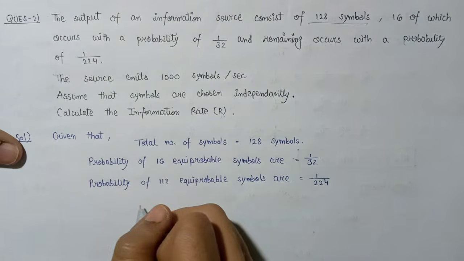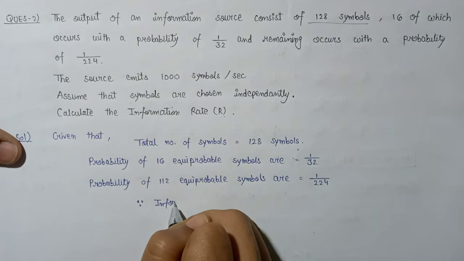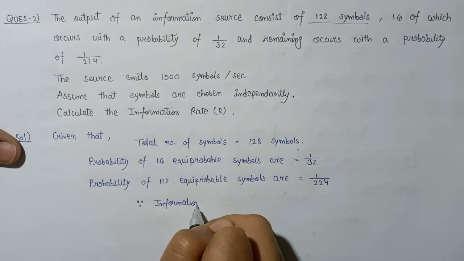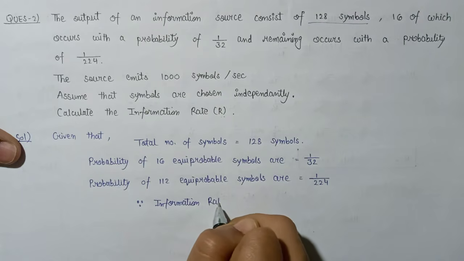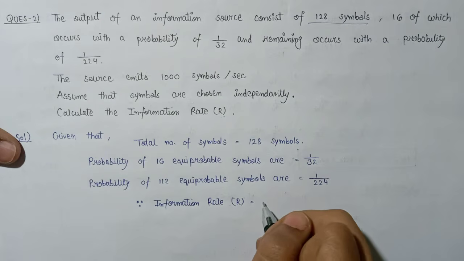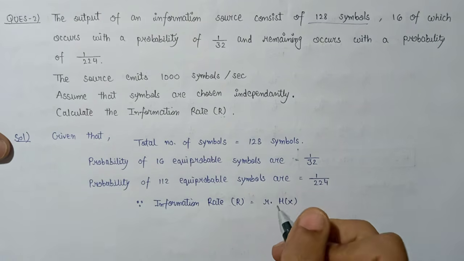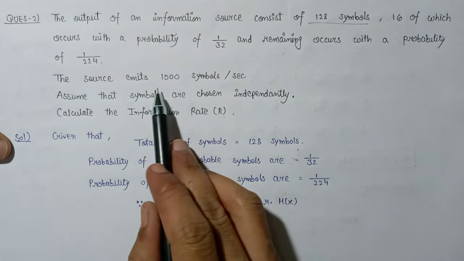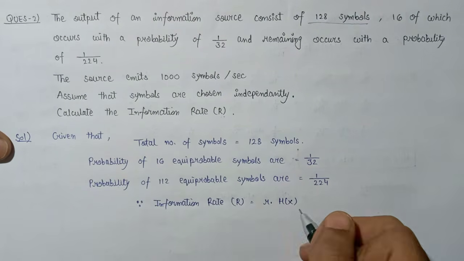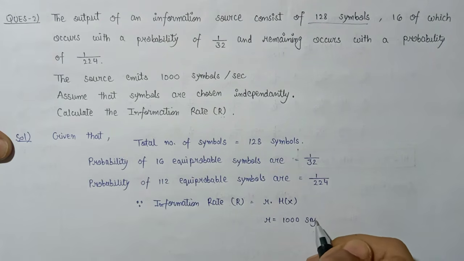Now since we need to calculate the information rate, R will be given as small r into h of x, and here the value of small r is given, that is small r is equal to 1000 symbols per second.